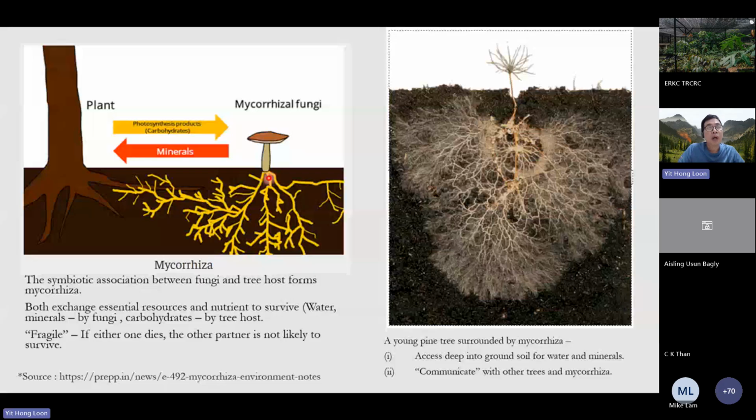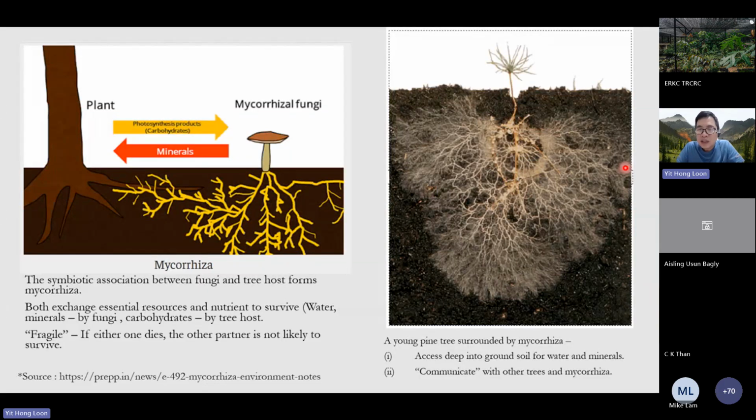So when uncontrolled deforestation takes place, in nature we lose the tree, we lose the flora, but eventually we also lose the fungi, because without the plant, the fungi cannot grow, and vice versa. Without the fungi, the plant also cannot grow healthier.